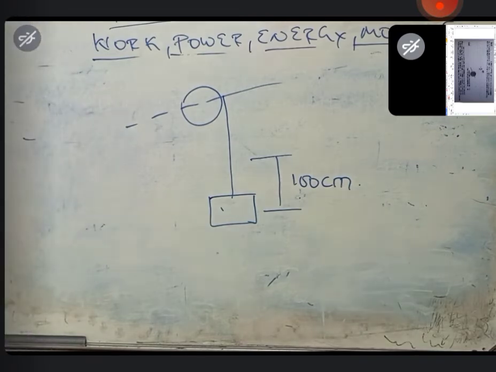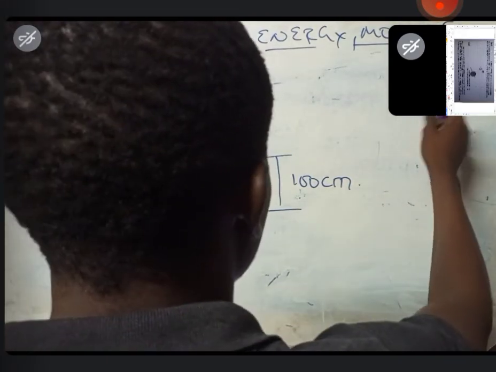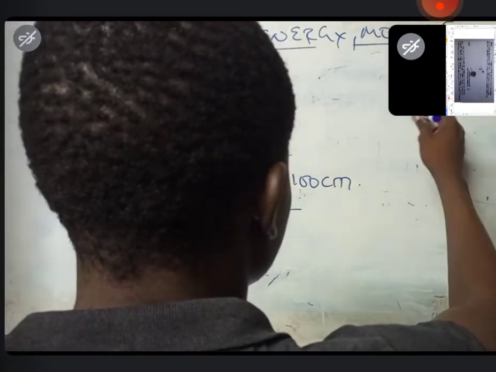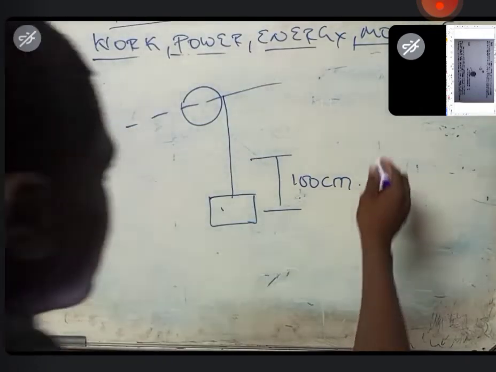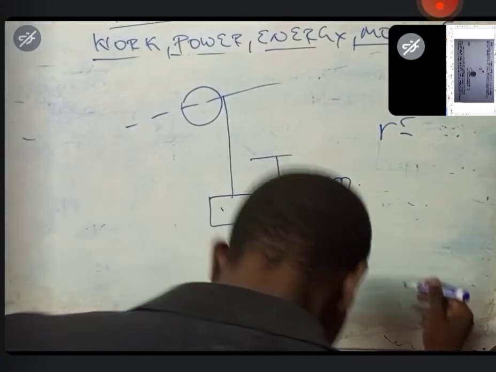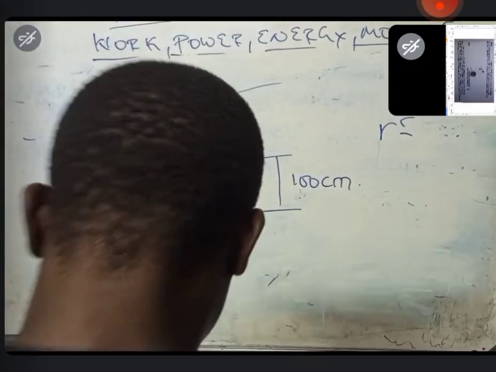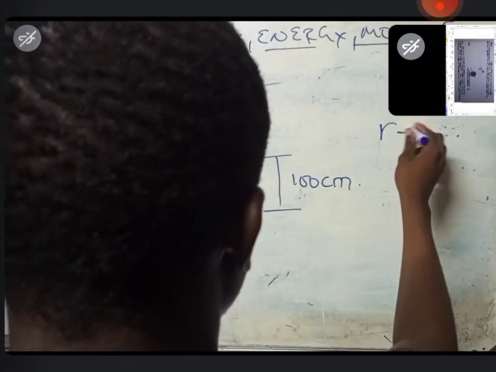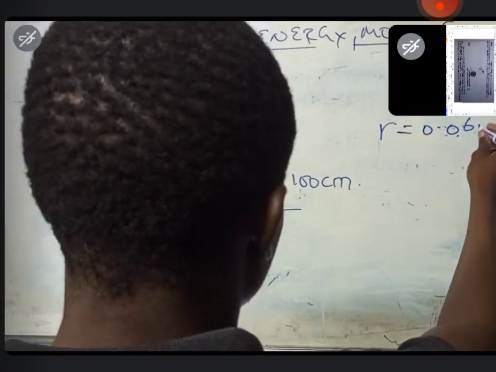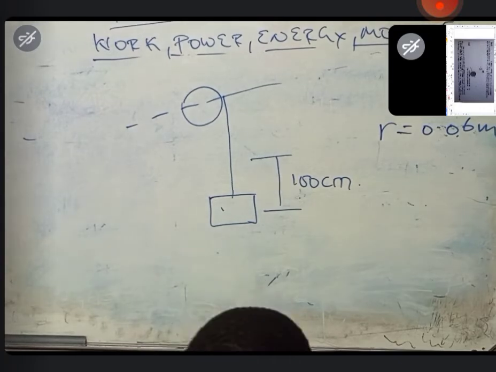Okay, as usual, we try to collect the data. A wheel of radius: we've been told the radius is 6 centimeters, so you can convert directly to meters by dividing by 100, 0.06 meters. It is mounted so as to rotate about a horizontal axis.